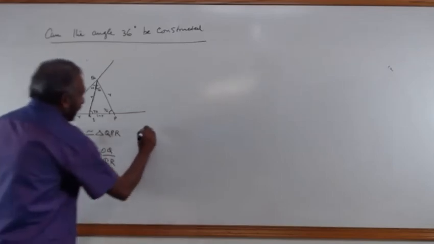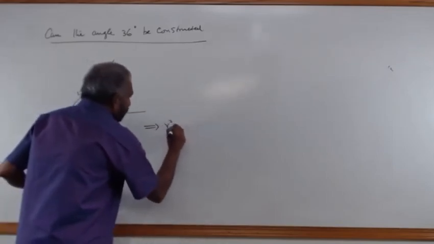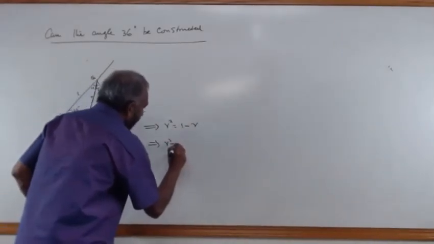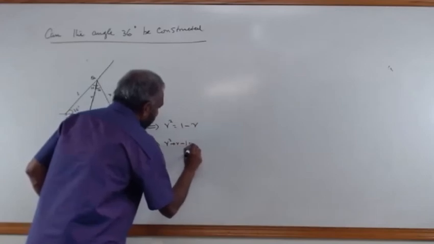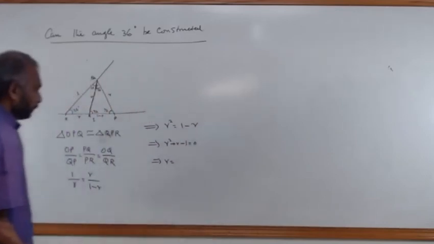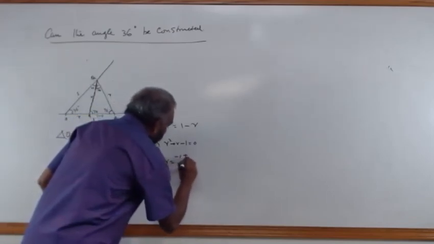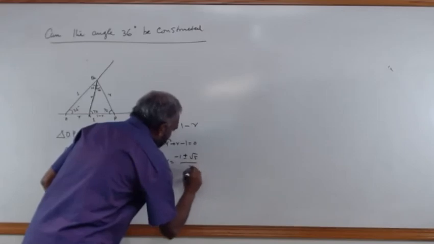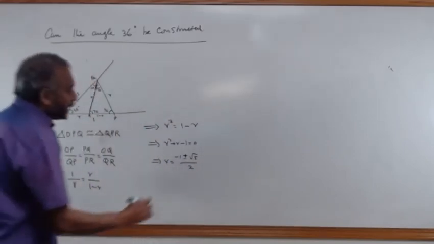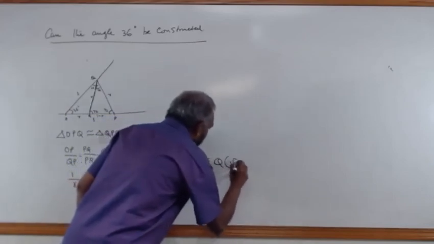So this implies 1 minus r squared equal to 1 minus r. And that implies r squared plus r minus 1 is equal to 0. That implies r is equal to minus 1 plus or minus root 5 by 2. And this actually belongs to Q of root 5.